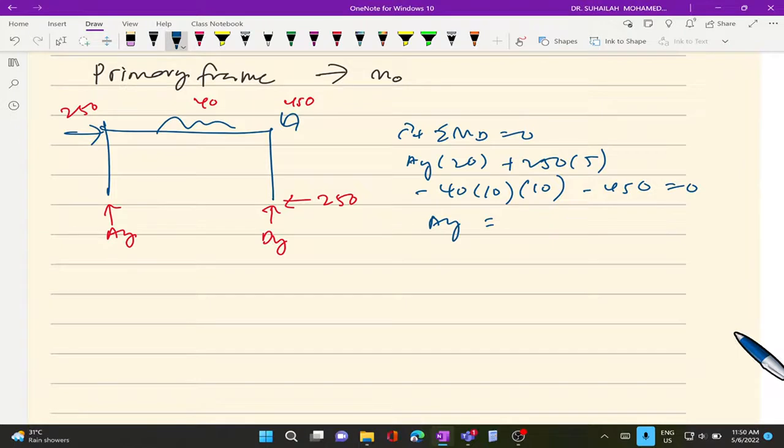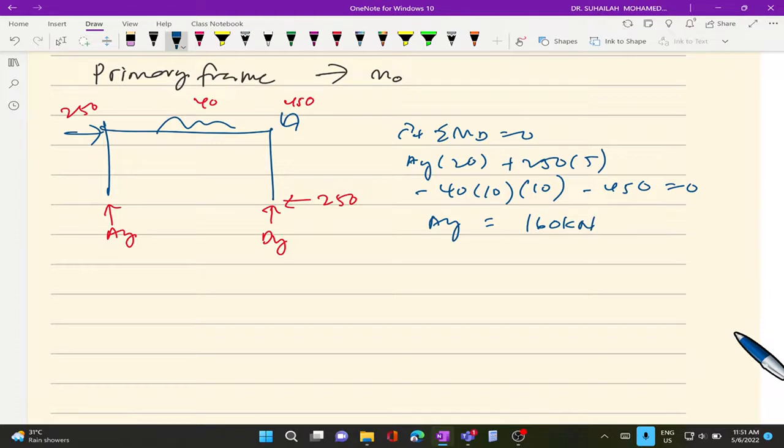250 times 5 minus 450 divided by 20. It is 160.